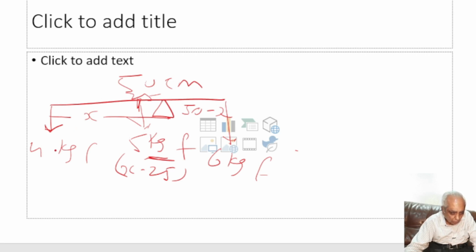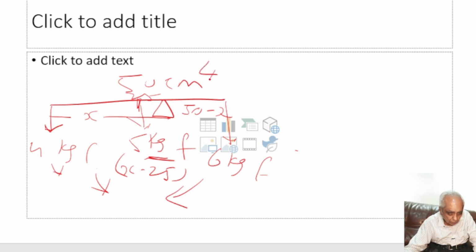This force is clockwise, this force is also clockwise and this force is anti-clockwise. So this is alone and these two are together as we discussed.